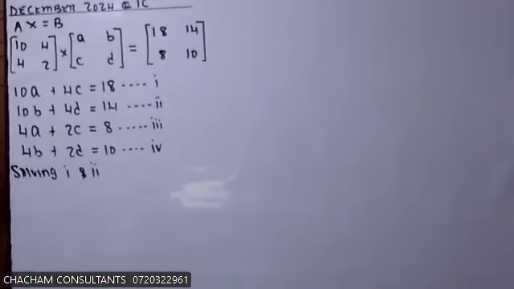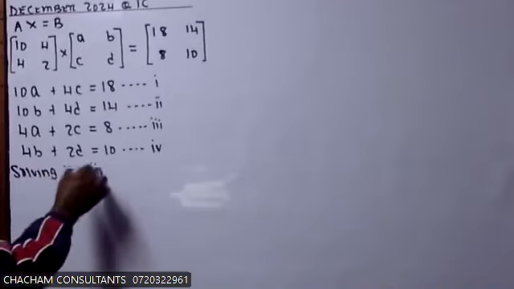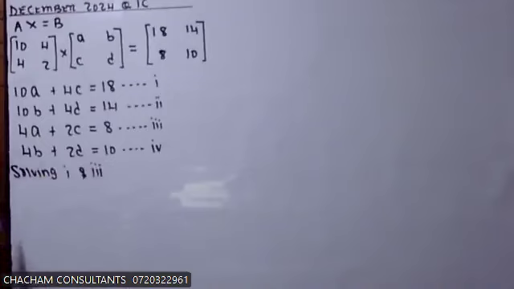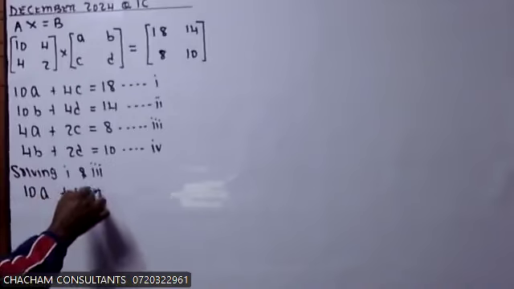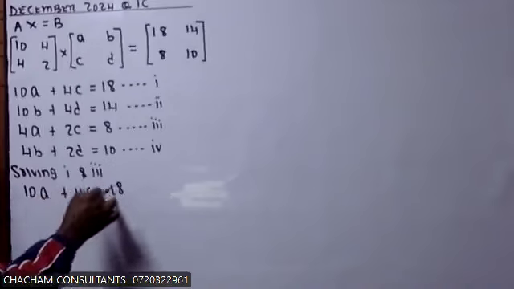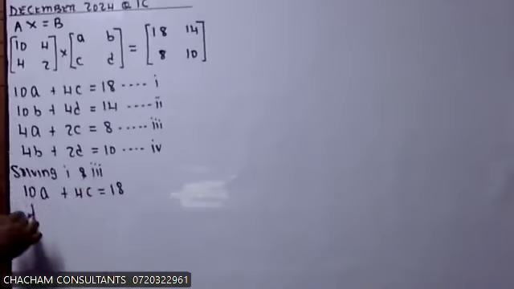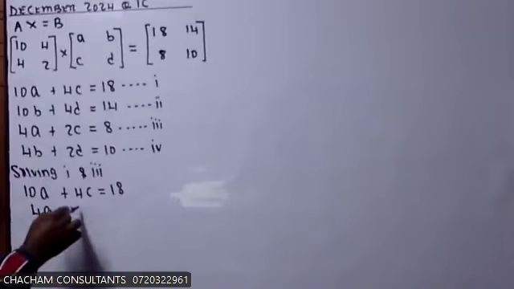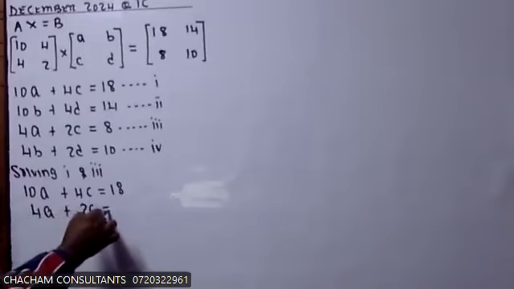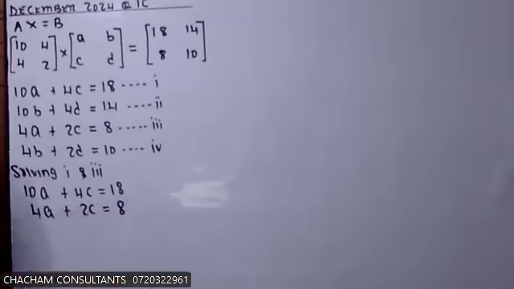I want to solve equation 1 and 3 because they are similar in terms of the unknowns. So I will have 10A plus 4C is 18, then 4A plus 2C is equal to 8.